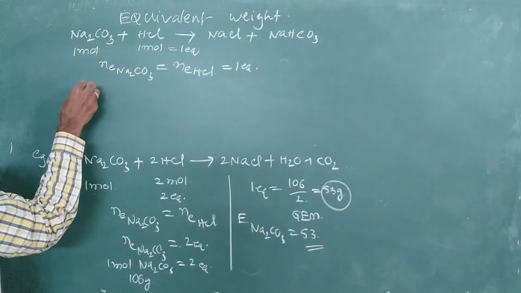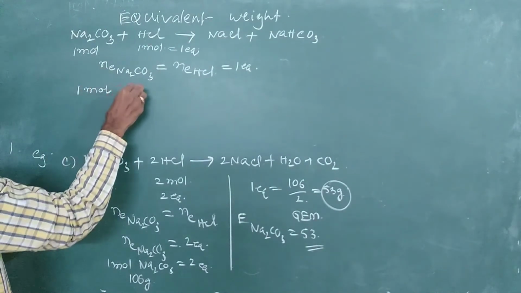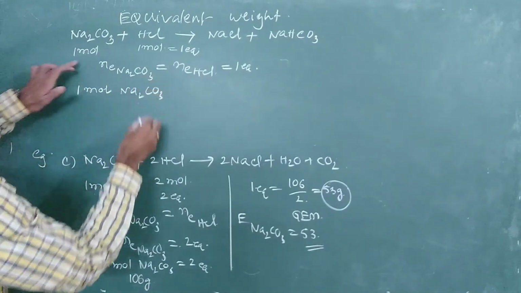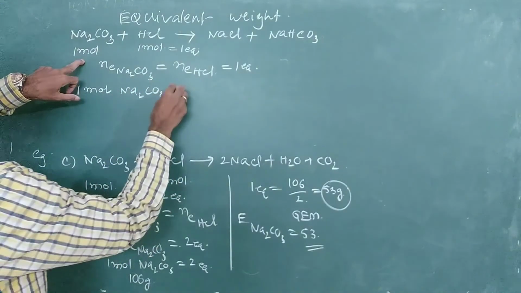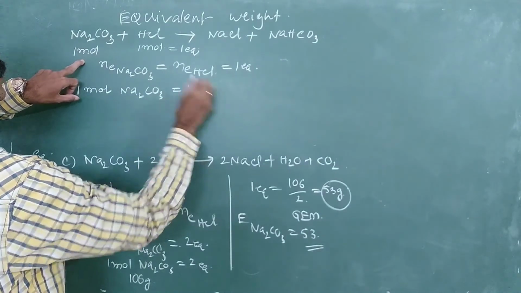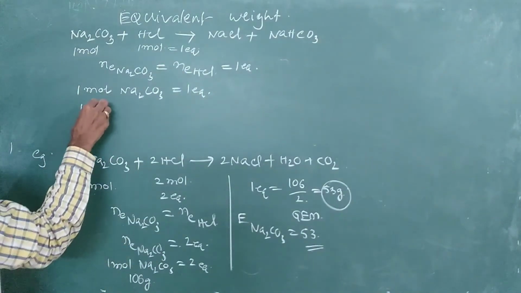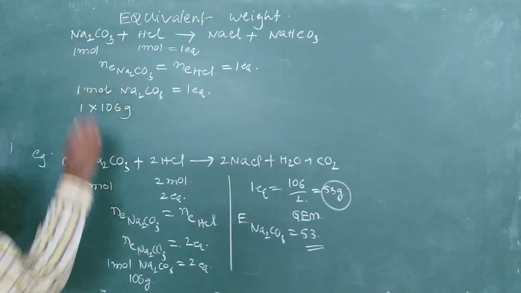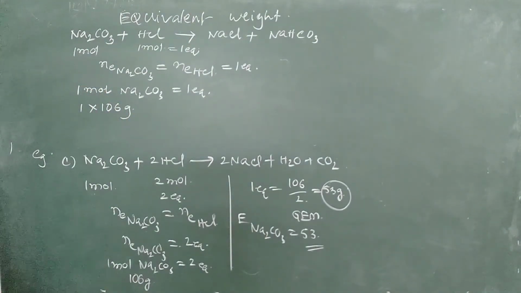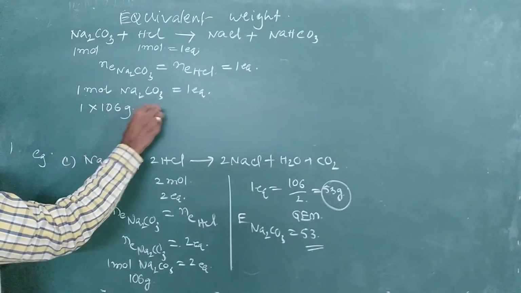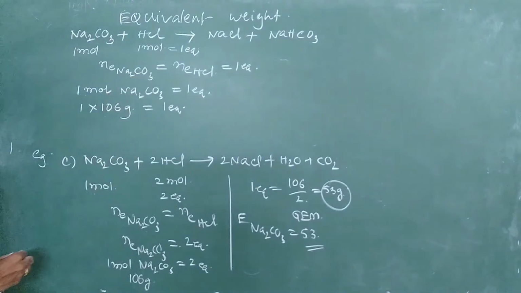Now 1 mole of sodium carbonate is equal to what? 1 mole of sodium carbonate is there on this side, that is equal to 1 equivalent. Okay, so 1 mole means 106 gram. Okay, that is the molar mass. Number of moles into molar mass in grams will give the amount of sodium carbonate. 106 grams is equal to 1 equivalent. Okay, 1 equivalent is the mass containing one gram equivalent mass.